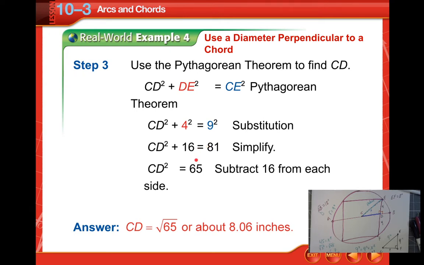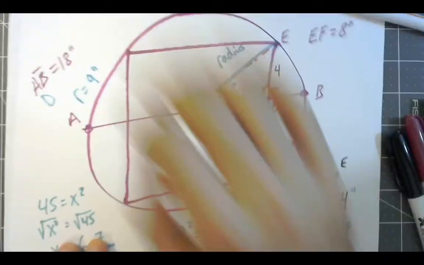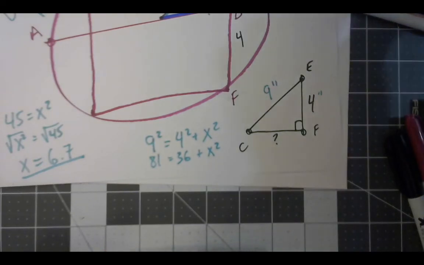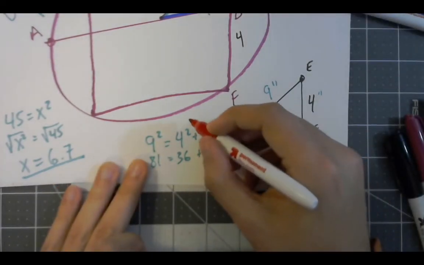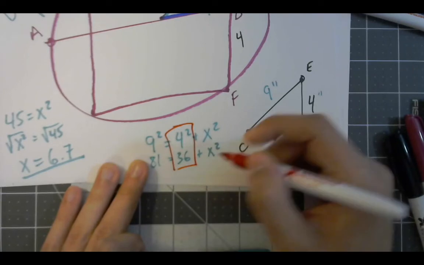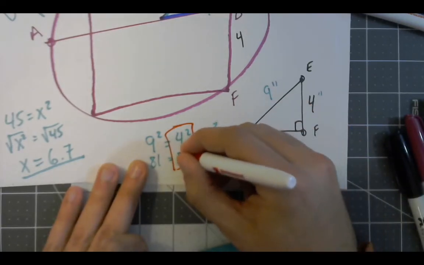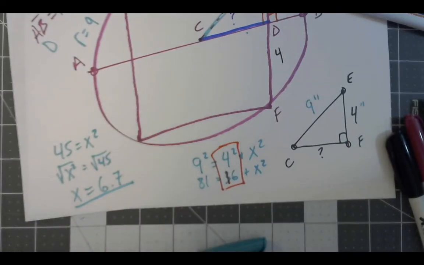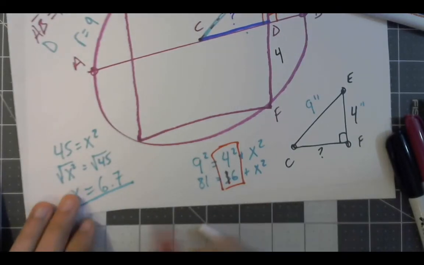Okay. Where did I go wrong? Oh, I see where I went wrong. If you found where I went wrong, good for you. Make sure you do not forget your normal arithmetic. So 4 squared is not 36, it is 16. So this should actually be 81 minus 16.